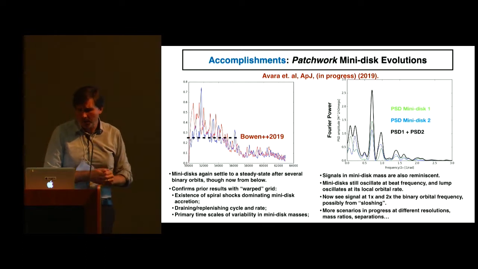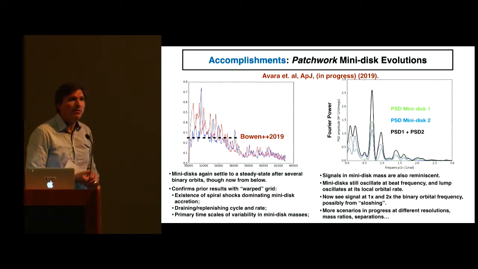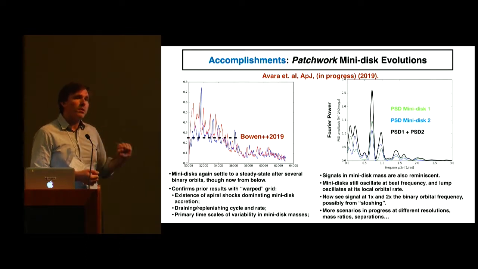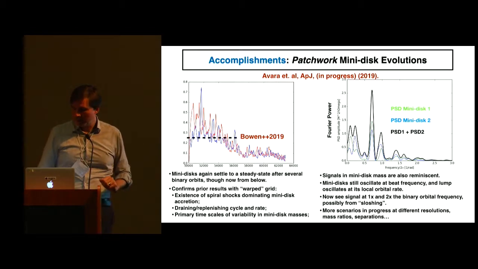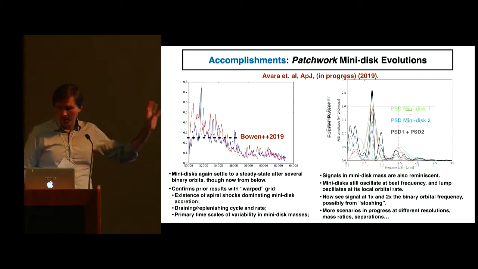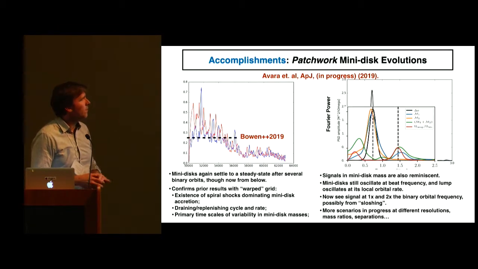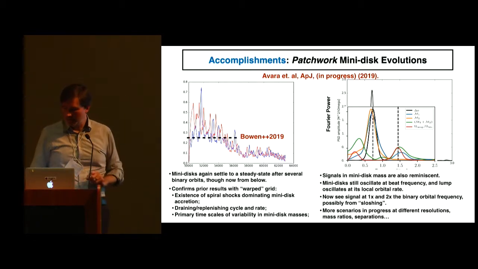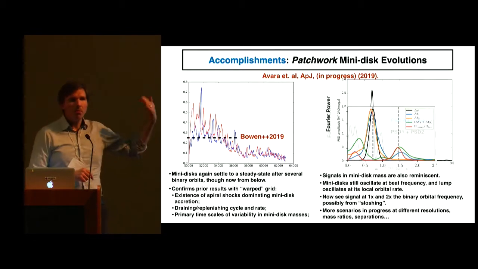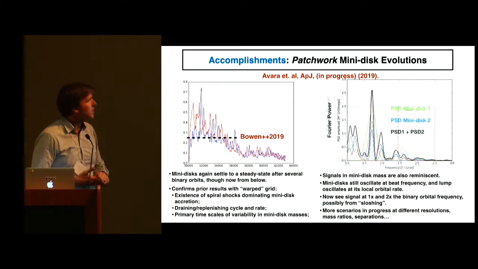Again, if you take a Fourier transform, you see that a lot of power is in this beat frequency, so it's still non-trivially connected to the orbital frequency of the binary. And if you compare to our warped grid results, they're fairly similar, okay? But the new results show maybe more power at higher frequency.